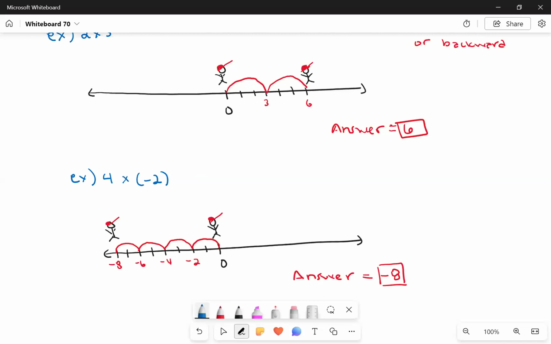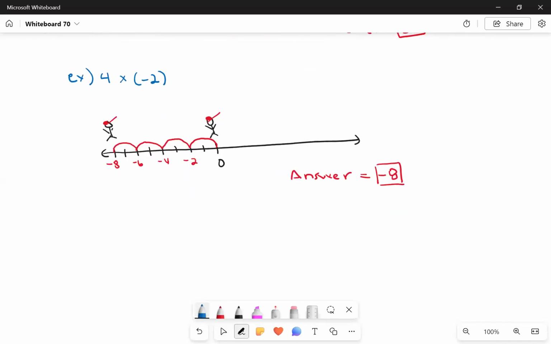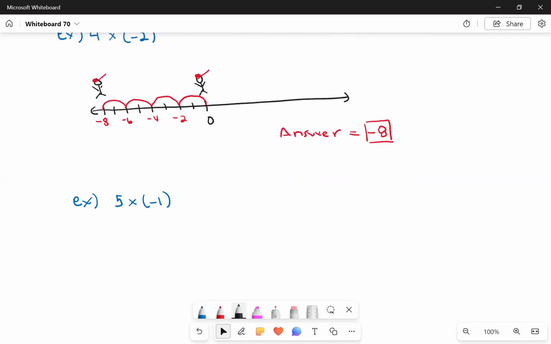Okay, so let's see what happens when the first number is negative and the second number is positive. Let's do 5 times, I'm going to keep the numbers relatively small. Oh wait, I didn't actually reverse it.